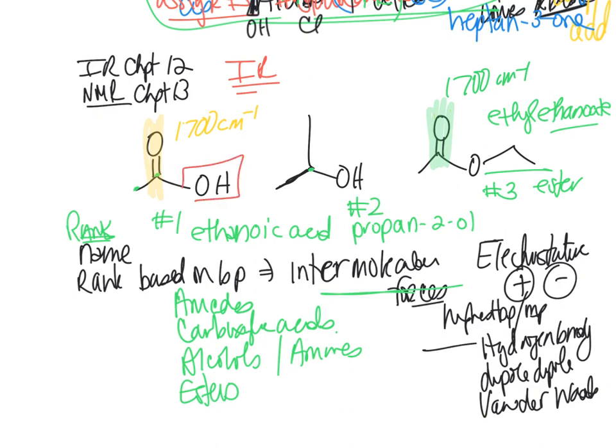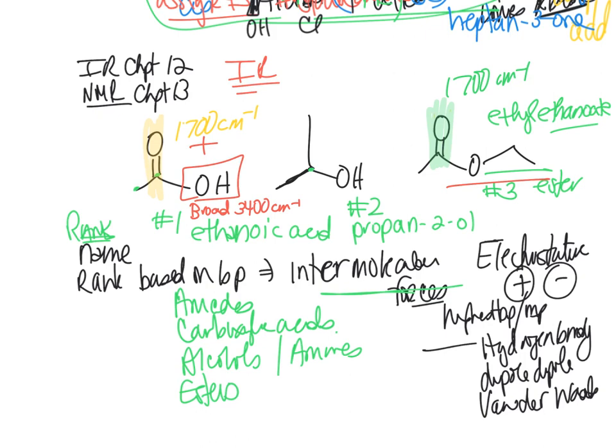This OH. The OH would show up as a broad peak around 3400 reciprocal centimeters. And you wouldn't see that in the ester. So you could determine the difference. So they'd have to have these two for the carboxylic acid.